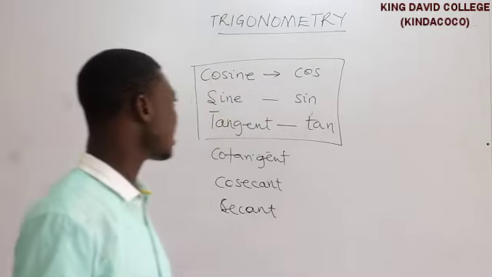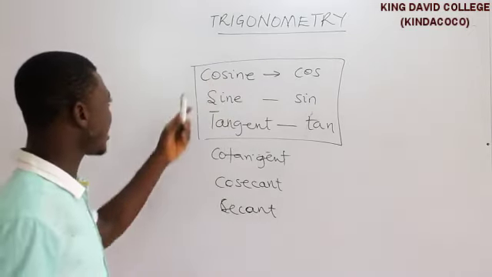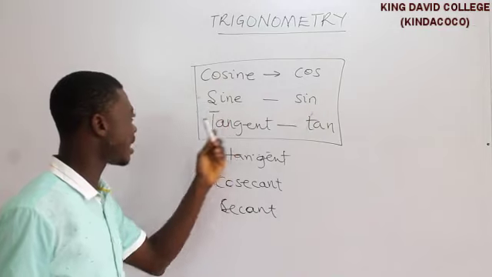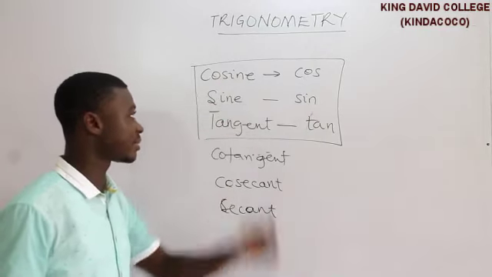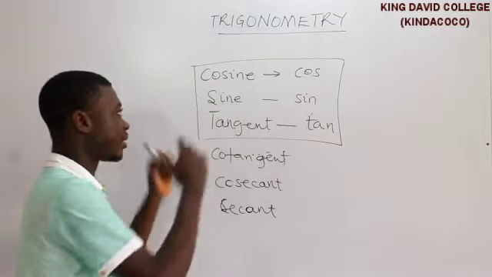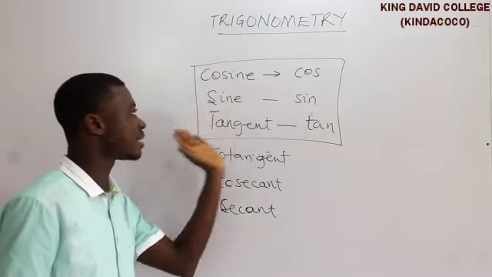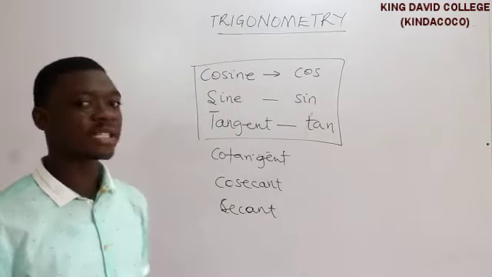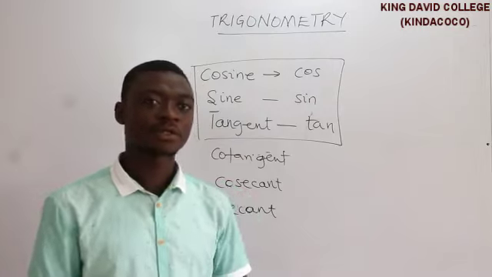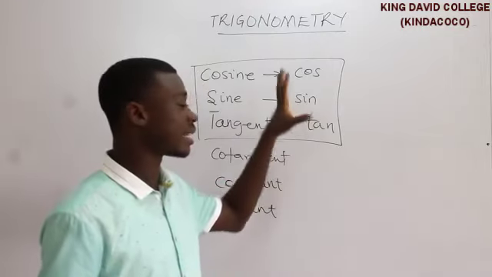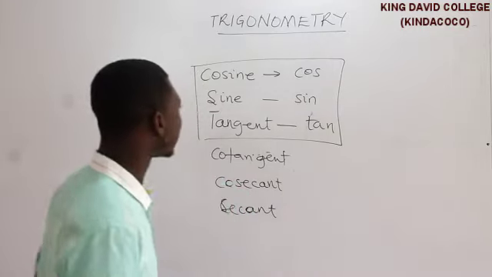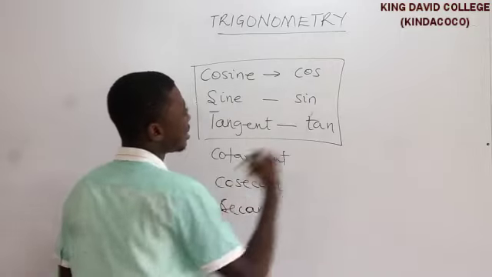Right. Now, these trig identities we have here, these trig operators, let's say they are called operators. So let's say these trig operators we have here always perform a certain task to give us a value when you are given an angle. So for instance, you always see a cosine with an angle.